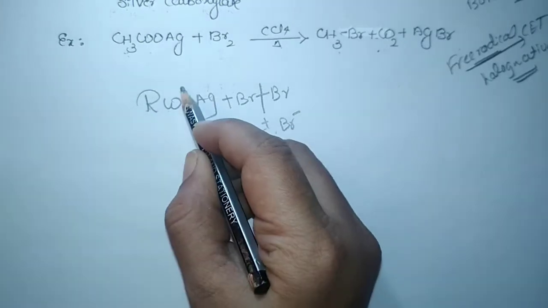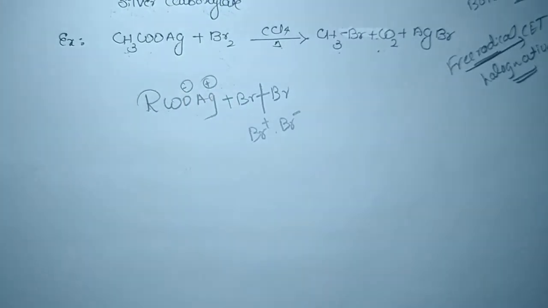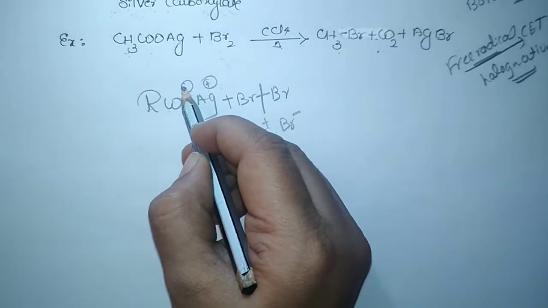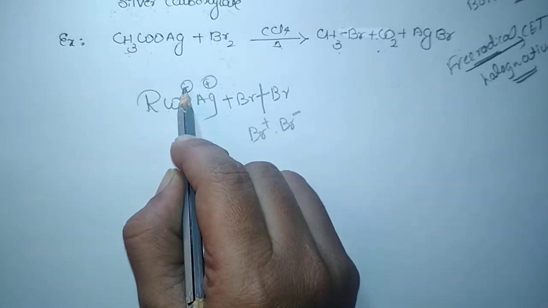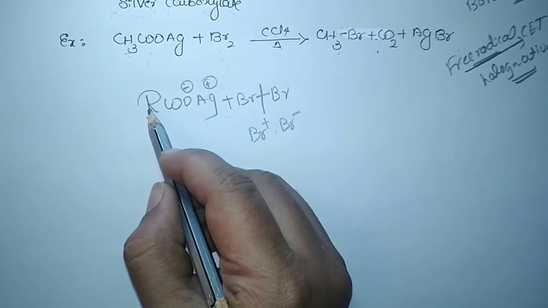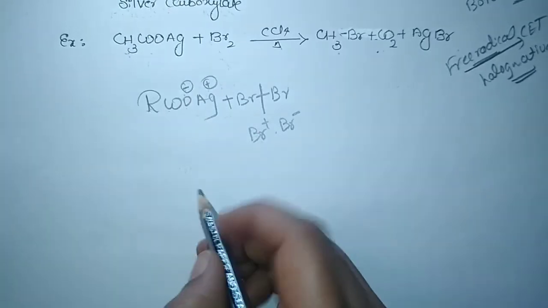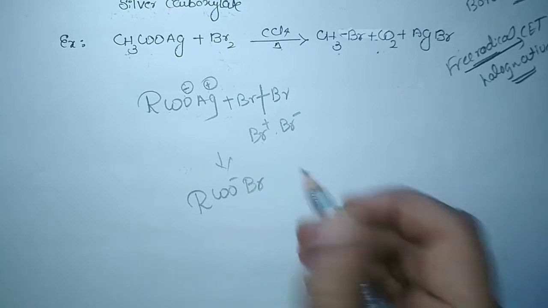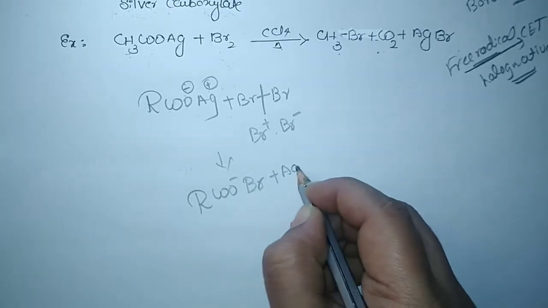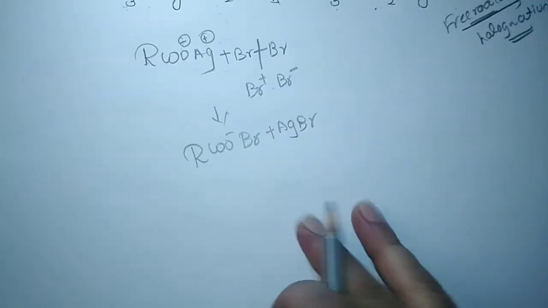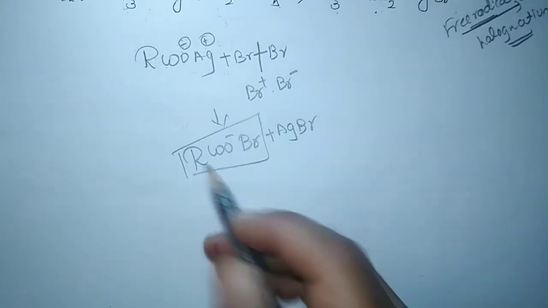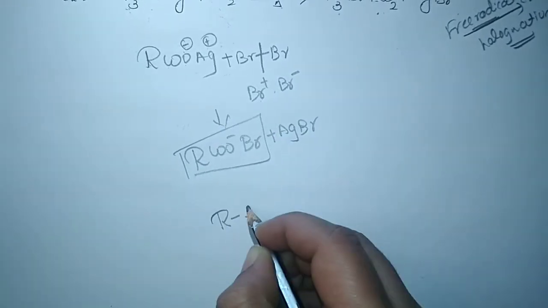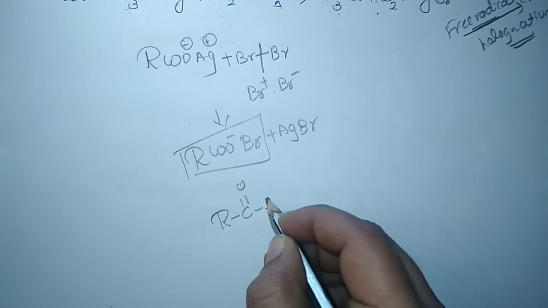Similarly, RCOO minus and Ag plus. As I told you, minus will always get attracted to plus, so the carboxylate ion forms a bond with Br, giving RCOOBr, and silver bromide is formed. Our concentration is on this one. Just concentrate on what happens next.